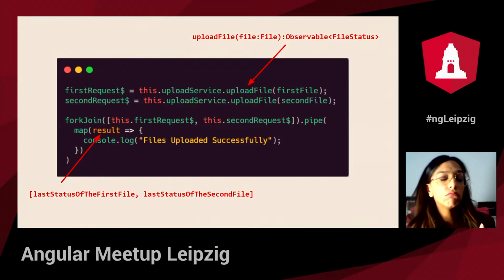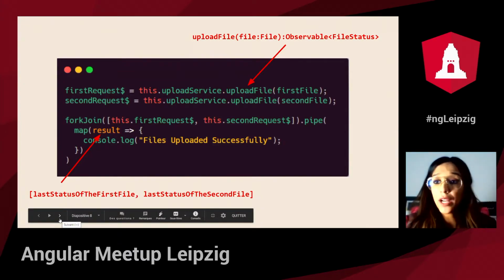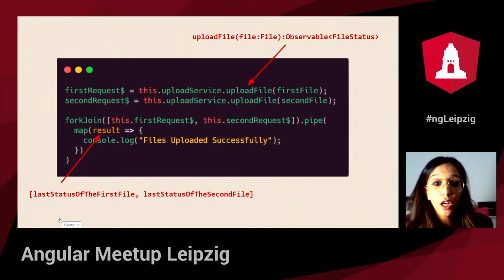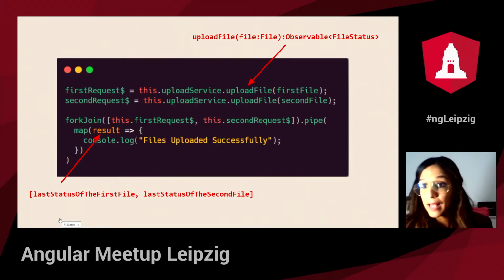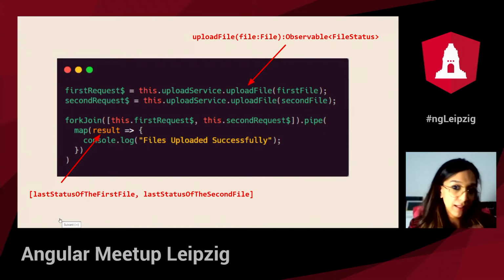So no problem, you can just map your array. You put your operations in an array, map it and return an observable for each operation, and then pass this array of observables to the fork join. Just a comment, but this is an example, so it should be simple.